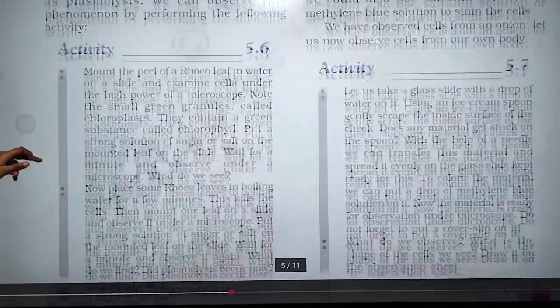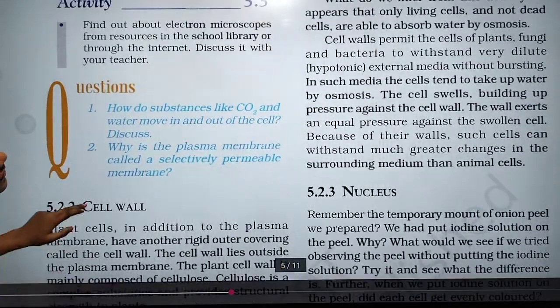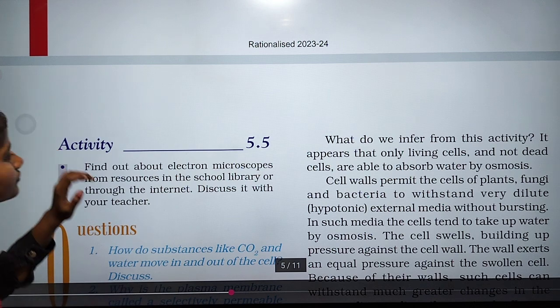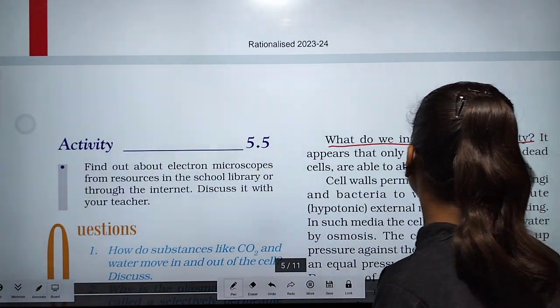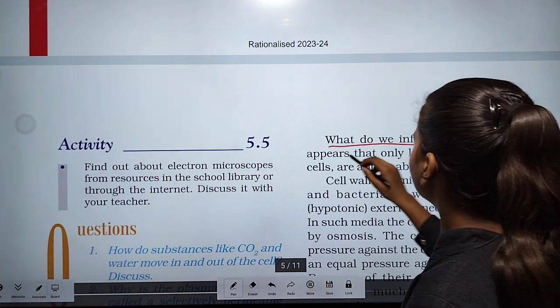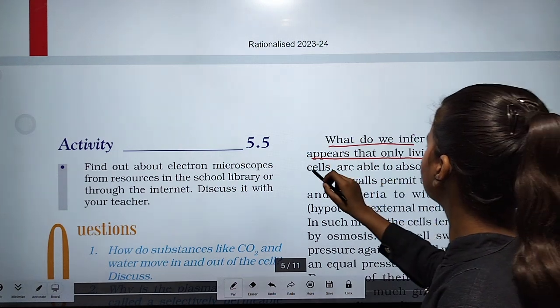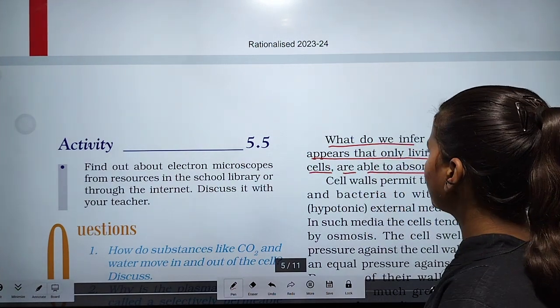So here is an activity. What do we infer from this activity? It appears that only living cells and not dead cells are able to absorb water by osmosis.